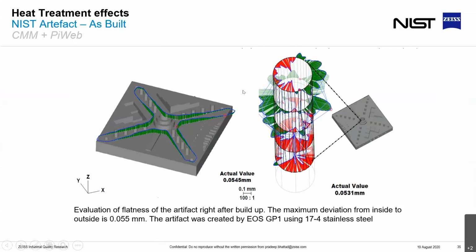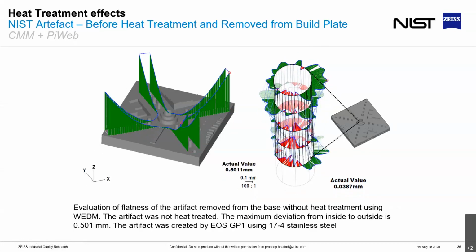But if you look at the deviation, on the edges you have very flat surfaces. As you go towards the center, you have a part which is going out of spec. If you look at the hole, again, it's not very uniform from bottom to top, from left to right. Again, there are deviations. If you were to remove this part without heat treatment and take it off the build plate, you start seeing a completely different answer.